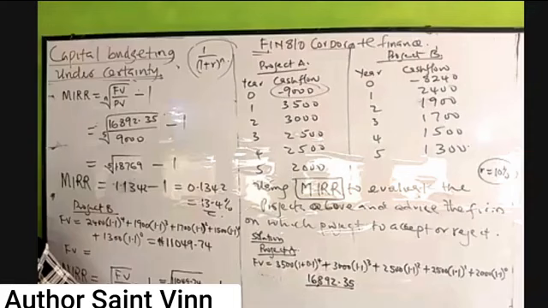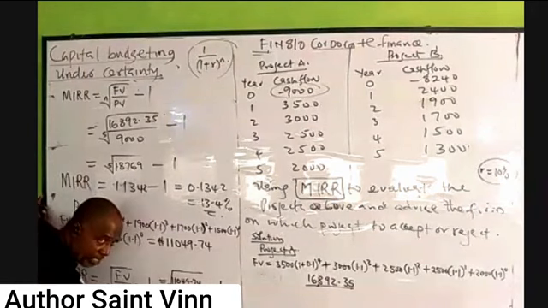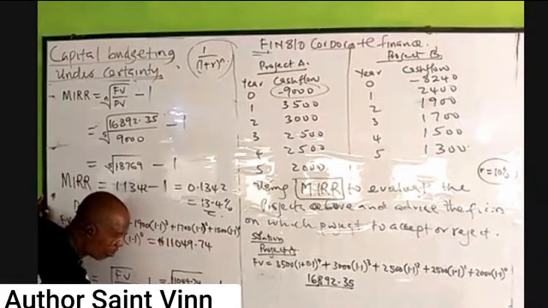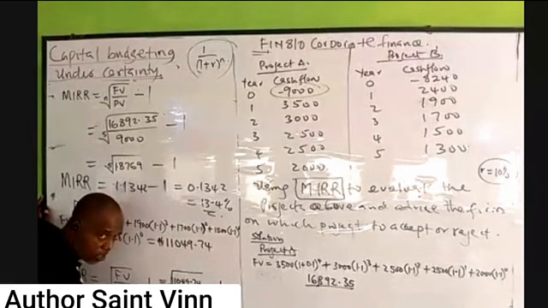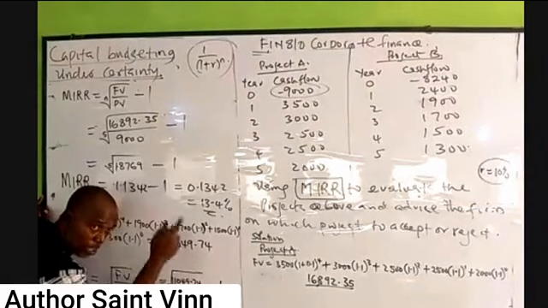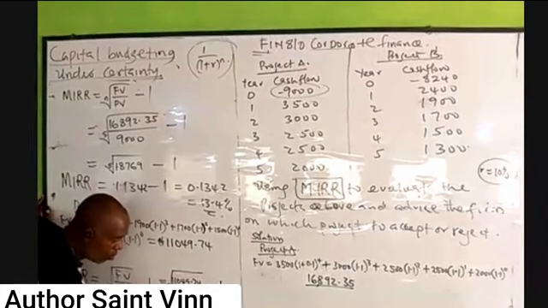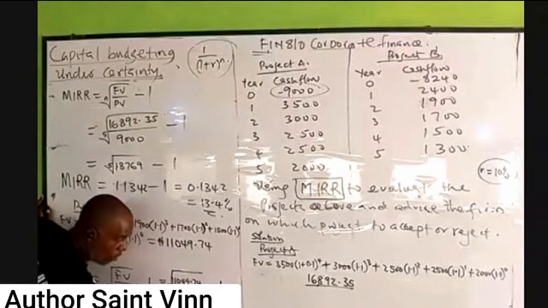Somebody, how far with this? This divided by this, raised to power 0.2, minus 1.